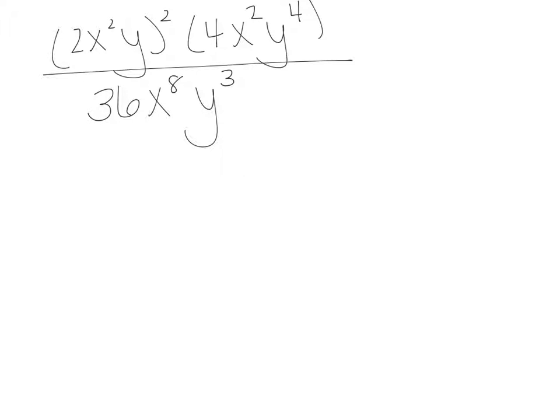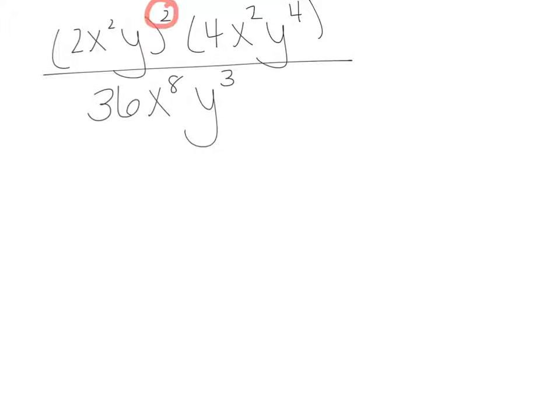I want you to pause this video and see if you can figure out how to do this problem on your own, and then we will go over it. Keep in mind, what do you always do first? You always distribute first. So pause this video. When you finish, unpause.